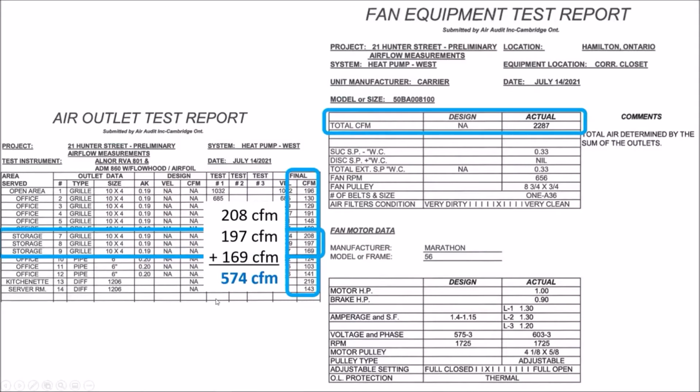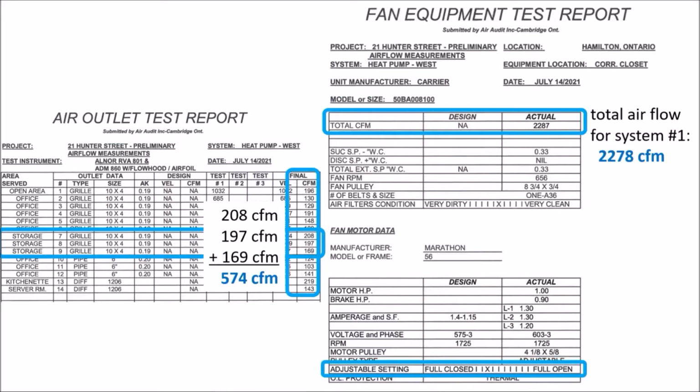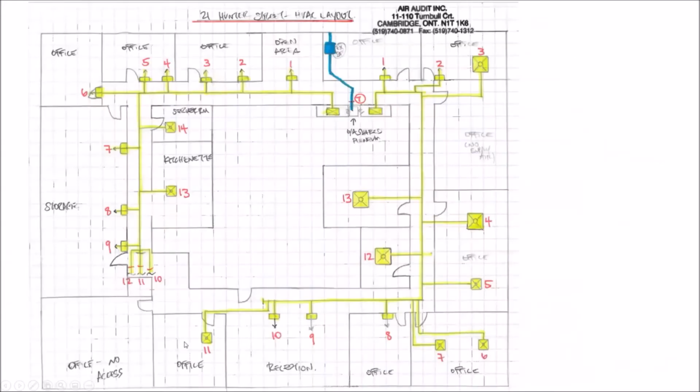We also know the total CFM of the whole system, and there are 2 systems. So system 1 has just over 2,000 CFM. It also shows the adjustable setting for the outdoor air supply, and it's set at 30%. And the way you get that is you count all the stripes, and you notice that the X is the third stripe out of 10. Now we also have from the balancing report some measurements of how much outdoor air is coming into the building.